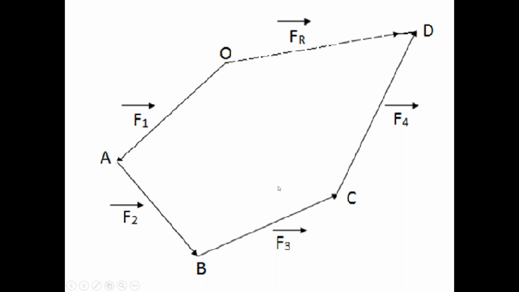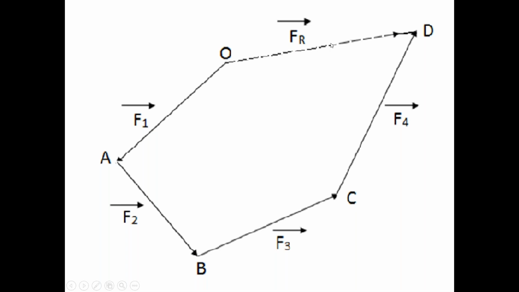This is an open polygon because the ending point and the starting point are not coinciding. Starting point is O, ending point is D. Since these two are not coinciding, we call this an open polygon. Then the closing side of the polygon. Closing side means from the starting point to the ending point. That is OD.